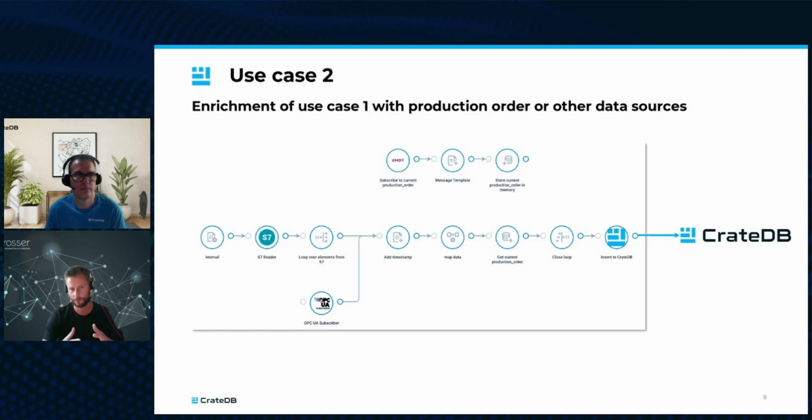So we set up an MQTT subscription to the MES system, get the information into a memory store, key value store, and then we combine the throughput from the sensors with the production order from the currently produced product and send the data combined into CrateDB. So it's not just pumping data from A to B, it's also combining data, enriching data. And then on CrateDB side, again, you have possibilities to run further analytics.